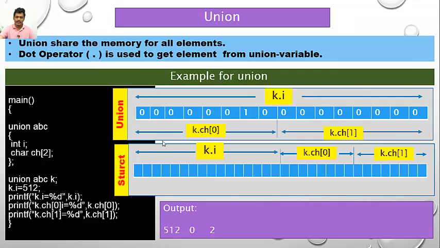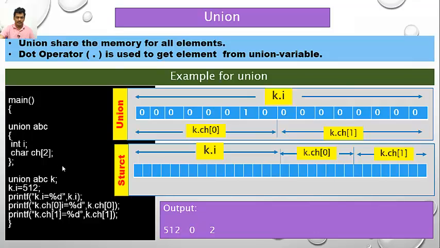Take k.ch[0]; k.ch[0] is taken by k.ch[1]. Because if we assign k.i, we access k.i only. In a union, if we use i in the program, we don't use ch. If we use ch in the program, we don't use i.